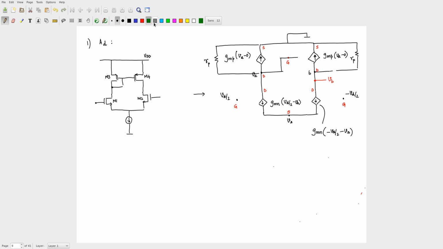We can look first at this node, which is called the tail node. Look at the current that is entering from here and the current entering from there. The total current has to be 0.